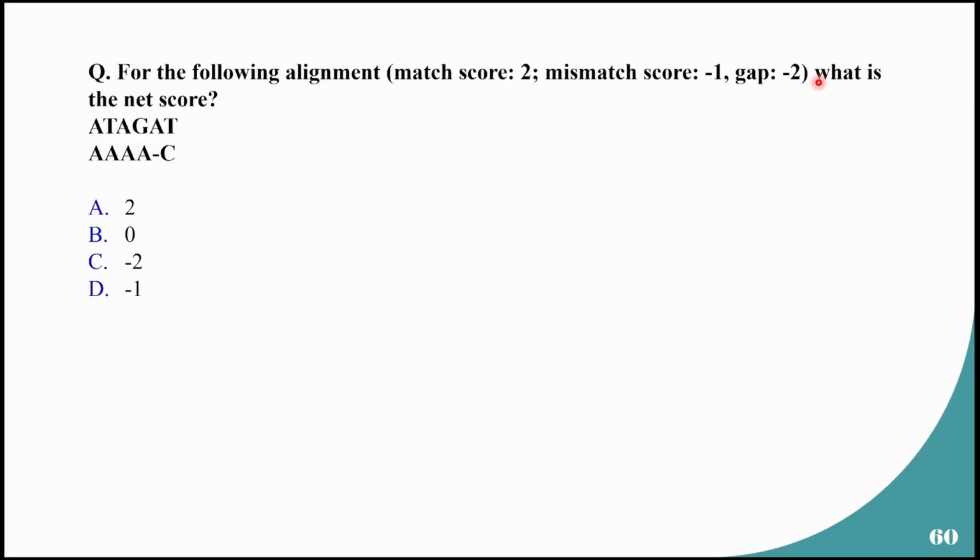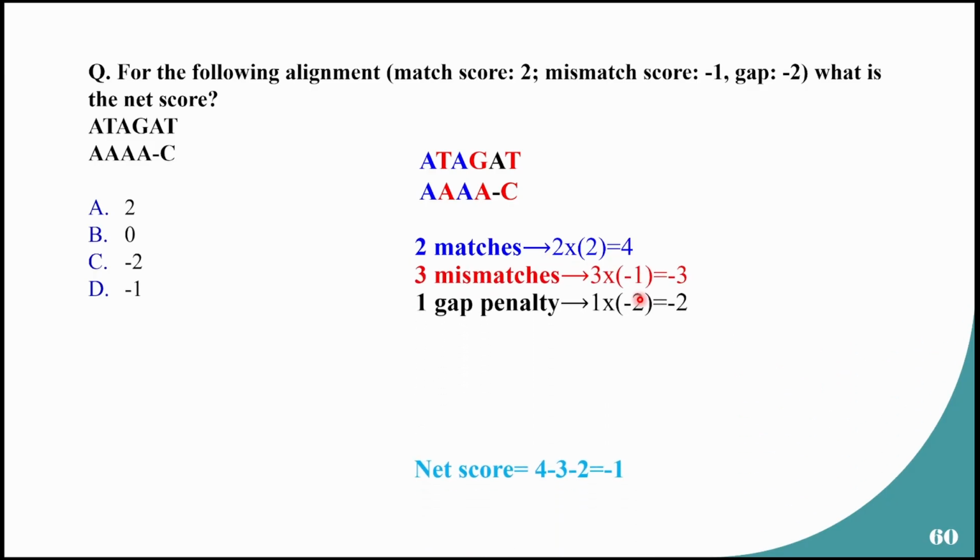So if you have a gap in your calculated sequence alignment, it could be that the calculation for this particular part was not what it should be. That's why a gap is penalized. The gap normally should not be there, kind of, right? Now, depending on the match, mismatch, and gap scores, you can easily calculate the net alignment score for any given alignment, and in this case, it is -1.